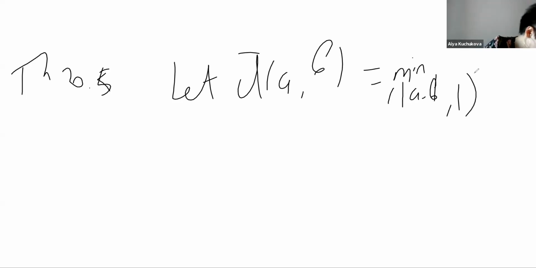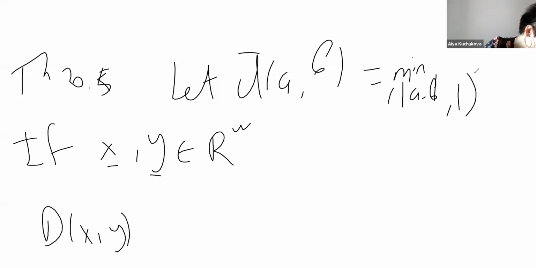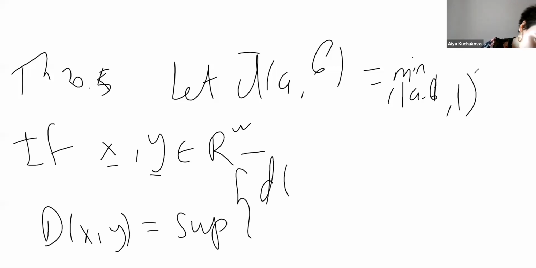So as always, that would be the standard bounded metric on R. If x and y are two points of R^omega, so those are vectors, don't forget, define D(x, y) equal to the supremum of d bar(x_i, y_i) divided by i.